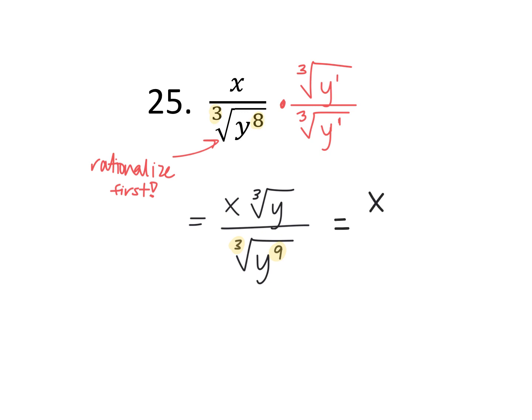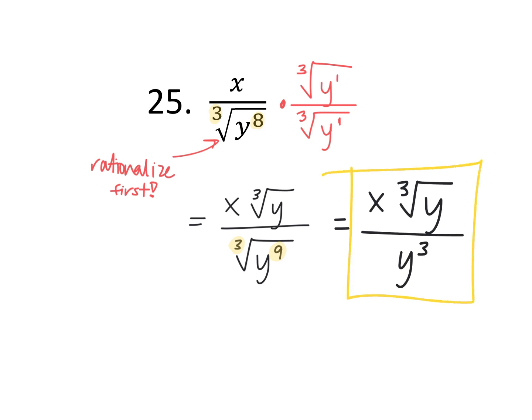So the top, you can't do anything with. It doesn't matter, though. You're trying to simplify it as much as you can. This is as far as it goes. So if you have a denominator that has a radical in it, you need to make sure that you get rid of it by making it perfect so that you can actually evaluate.